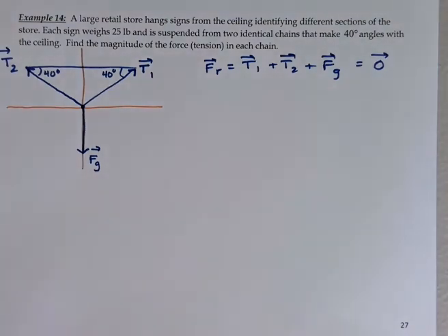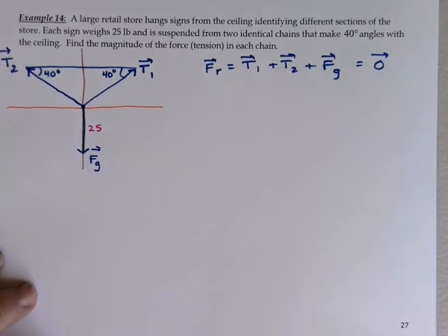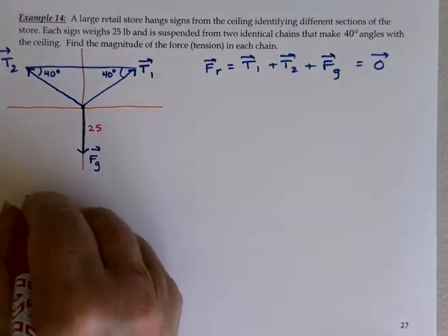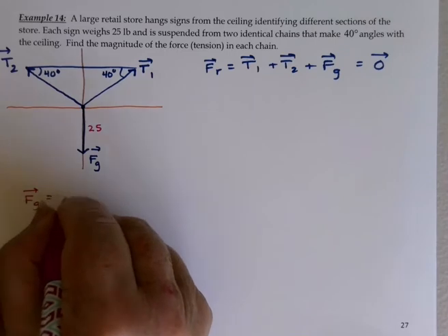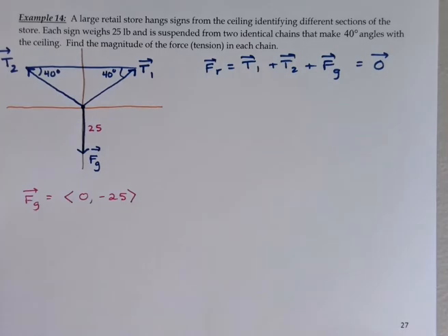All right, let's get some values for those various vectors. We'll start here with FG. We certainly know that the sign is 25 pounds, so the force of gravity is pulling downward with a magnitude of 25. So FG must be 0, negative 25. As far as the tension vectors, we have a little bit of geometry to do here.